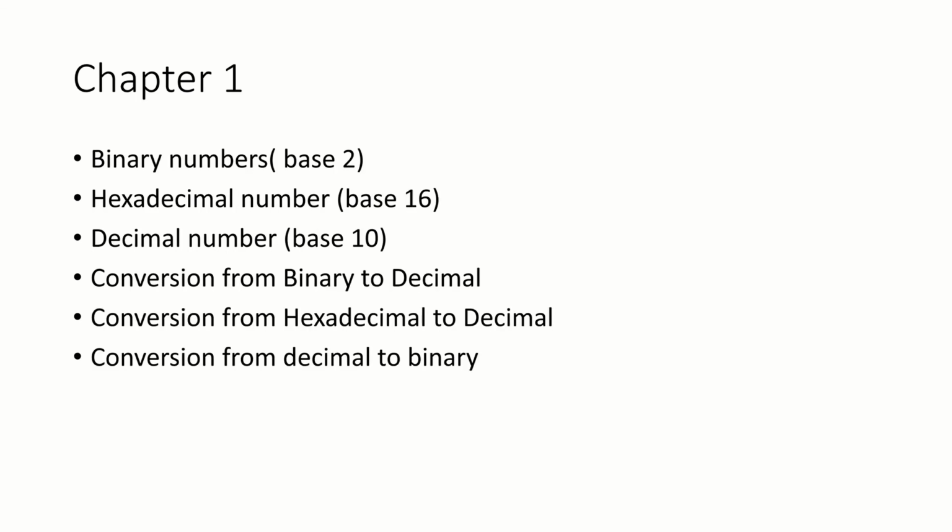Okay, so first of all is chapter 1. In chapter 1, basically we spend most of the time on conversion, right? So we have a conversion from binary to decimal. First of all, you need to know what binary is.